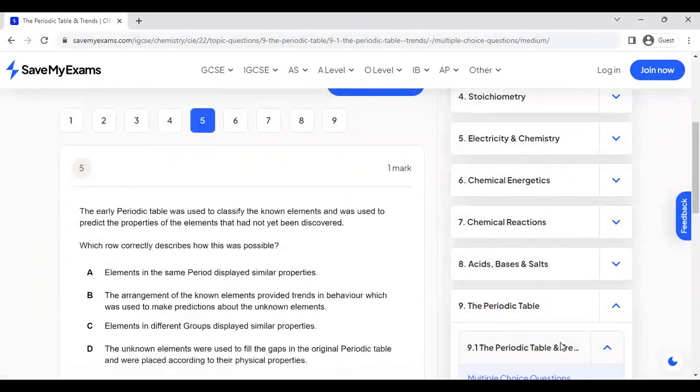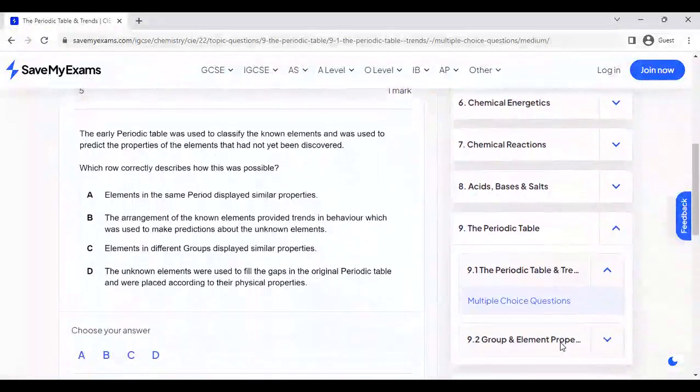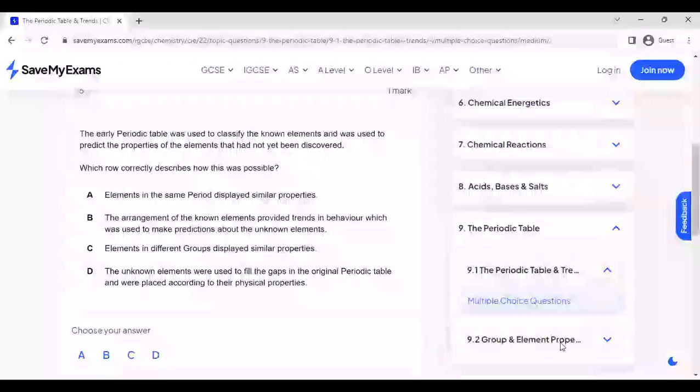Question number 5 states that the early periodic table was used to classify the known elements and was used to predict the properties of the elements that have not yet been discovered. Which will correctly describe how this was possible?